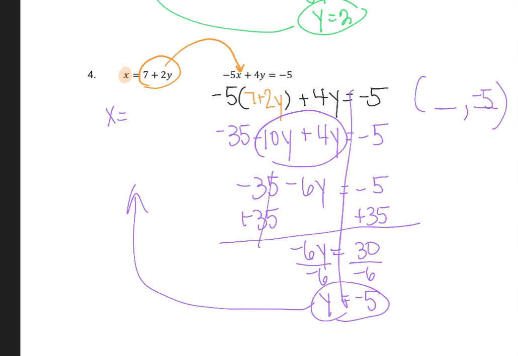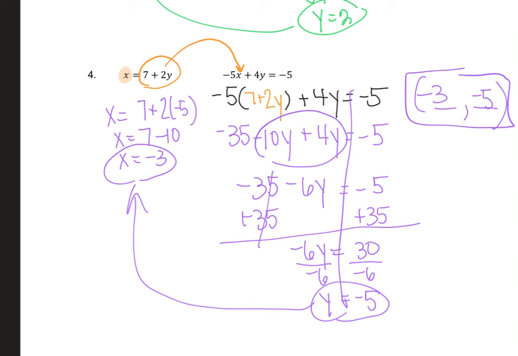I plug it back into either equation works, but I'm going to plug it into the first one. I got x to be negative 3, so my ordered pair answer is negative 3, negative 5. And I'm all done.